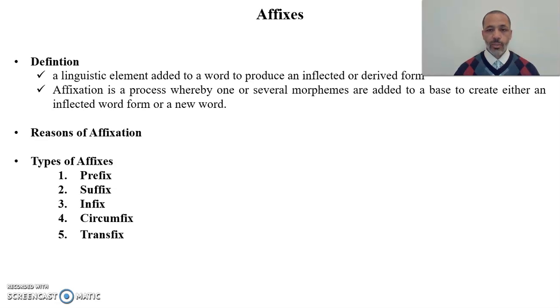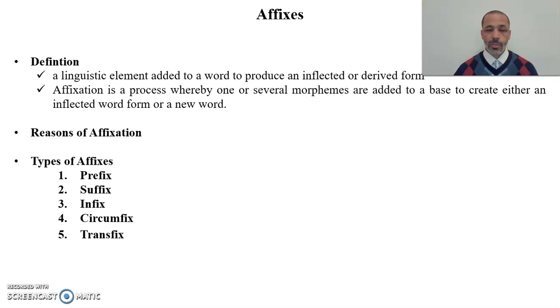They are those parts of a word which can be added either to the final position of a word or the first position of a word, or sometimes in the middle, or sometimes in the middle and at the end of a word, to produce new forms or new meanings or new grammatical classes.